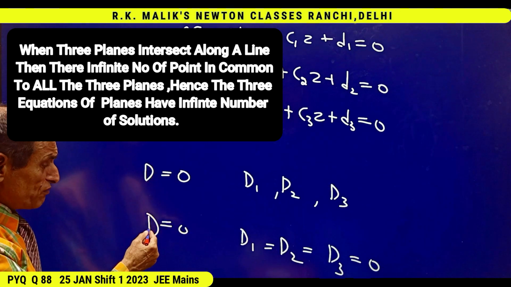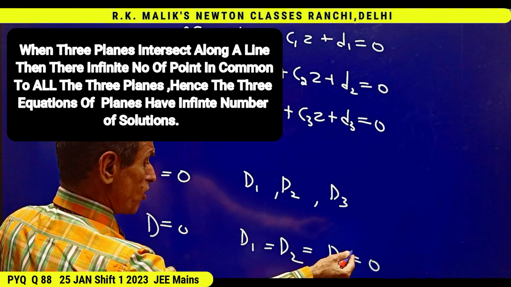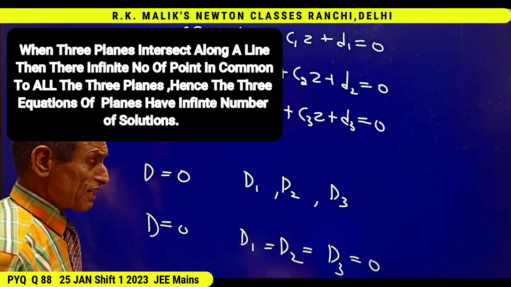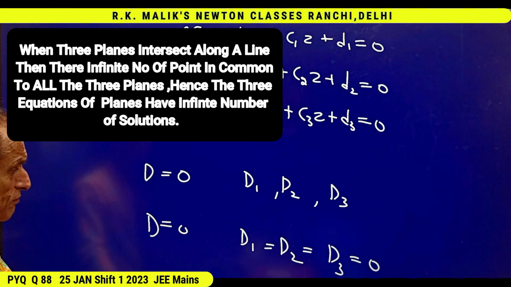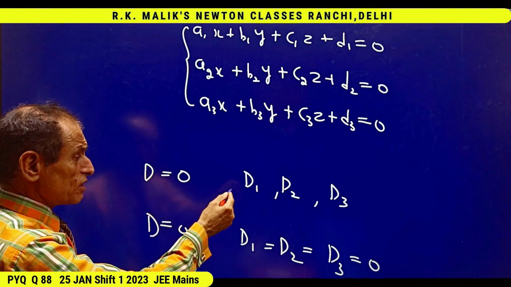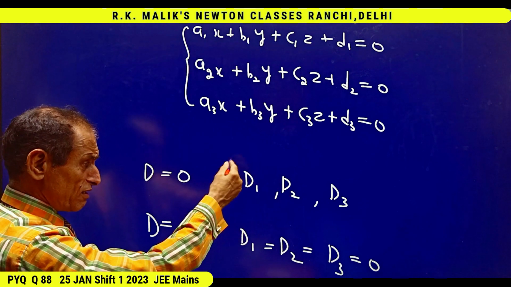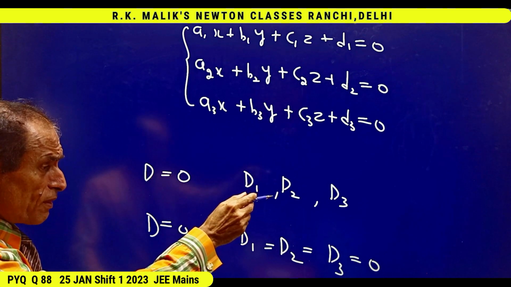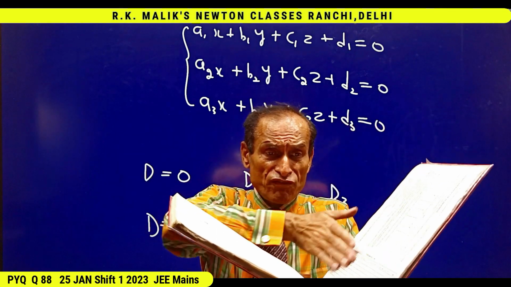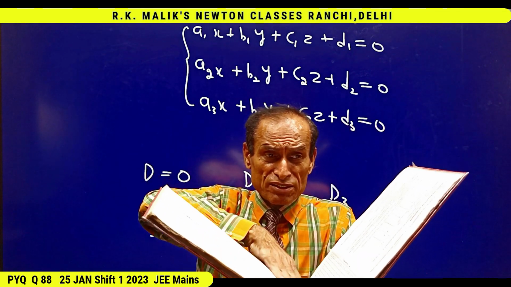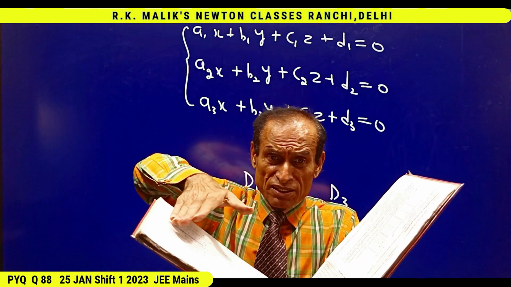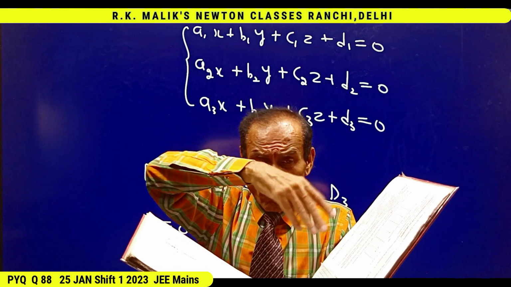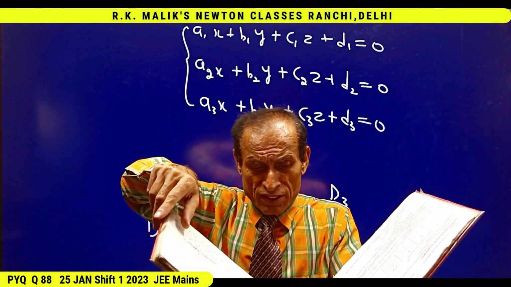That is why if D equal 0 and D1, D2, D3 all are 0, the three planes are intersecting along a line. And if D is equal to 0 and out of D1, D2, D3 at least one is non-zero, that is a situation of no solution. No solution is there when one plane is this, the second plane is this, and the third plane is this. That is, there is no point which will lie on all three planes.